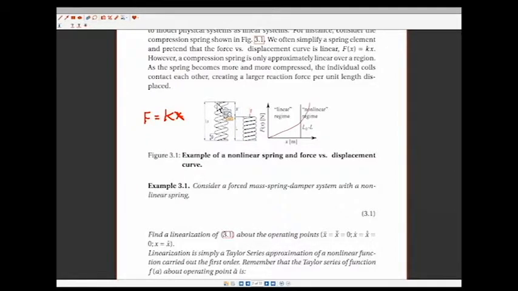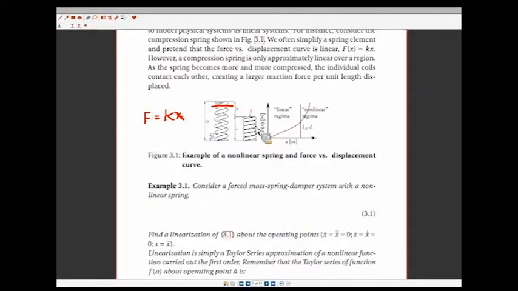It's not true. I think anyone who's played with a spring before has seen this behavior. If you were to take a spring, somewhere around L naught, it behaves like F equals K times X when the length is L naught. So if you displace it just a little bit, it behaves mostly like that. But if you displace it a lot, you get to a point where the coils start to touch each other.